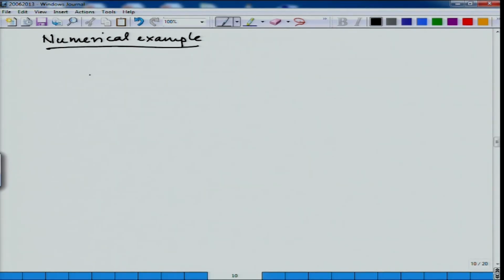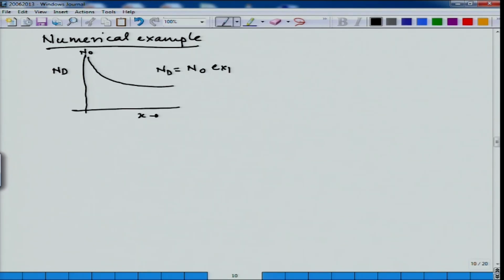So, I am going to take a semiconductor which has donor concentration which is being represented by an exponential equation. So, donor concentration here is being given by the concentration at the surface, let us say N0, and then it is reducing exponentially.